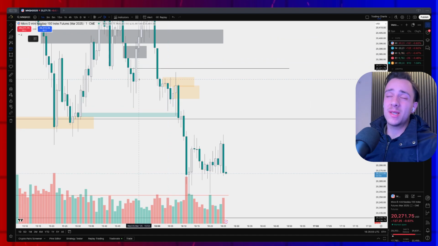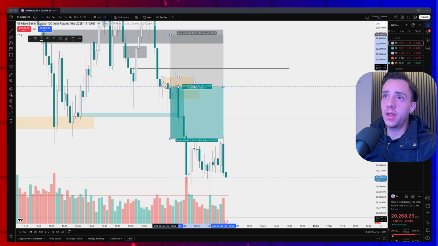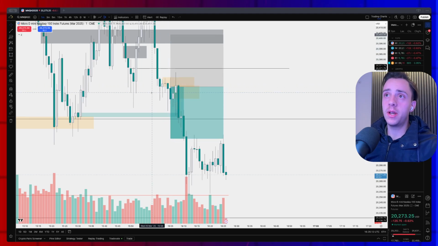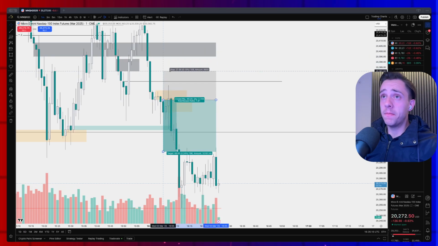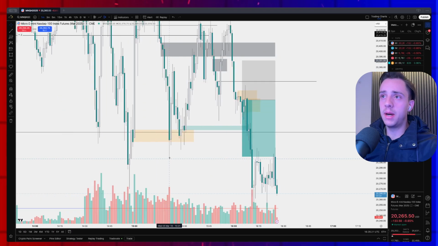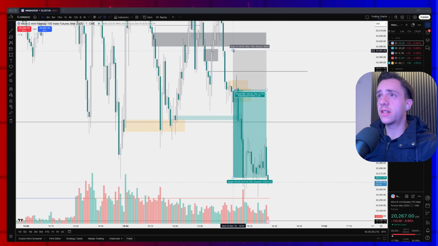We got something really close to it, and I was thinking of shorting this, expecting this is going to be the last 1 minute candle of the 5 minute candle. So it makes sense for us to go here, and then my TP would have been somewhere down here for like a 2.26.